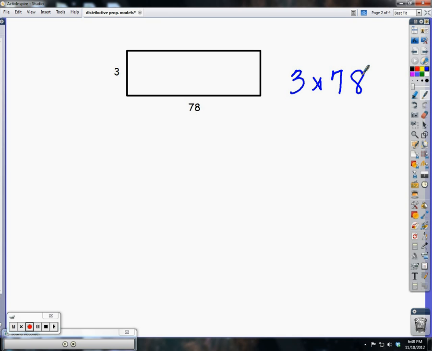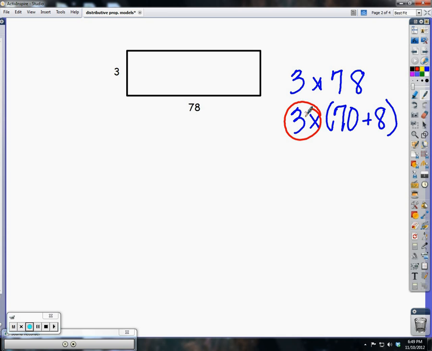If there is someone who has trouble using the traditional or the standard algorithm in order to multiply 3 times 78, they could use their knowledge of the distributive property and break it down into 70 plus 8. The larger number into 70 plus 8. We didn't do anything to the 3 times. So now let's distribute, or give each number inside of the parentheses what is on the outside of the parentheses.